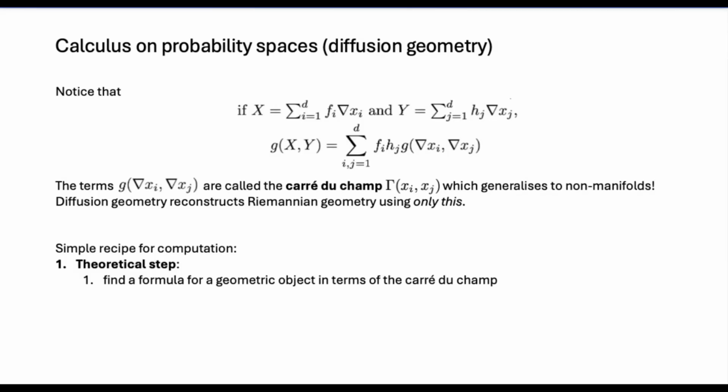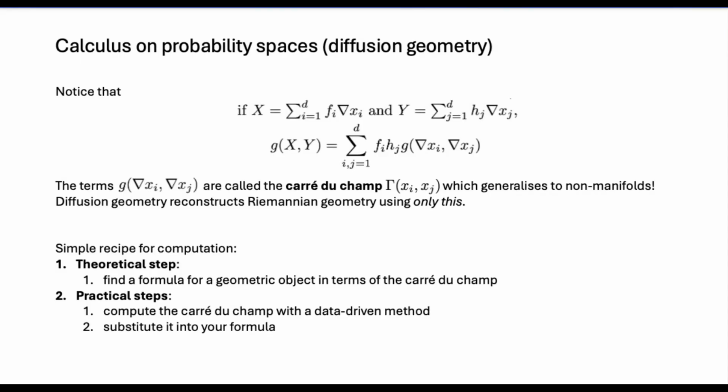This is the theoretical step, which is we want to find a formula for the geometric object involving just the gamma. And then given that, the practical step is that we're going to try and compute that gamma via a data-driven method. There are several for this, and I'm going to talk about one today. And then you can plug that into your formula, and that will give you basically a way of evaluating this. Does that make sense?